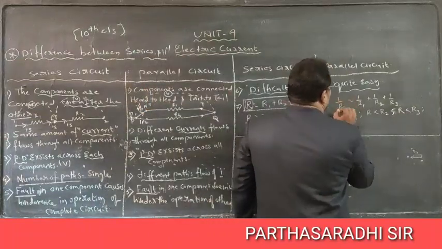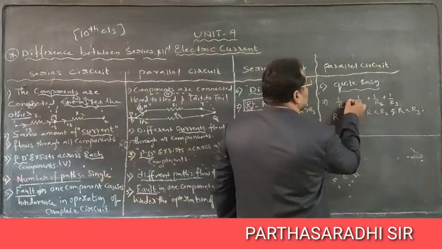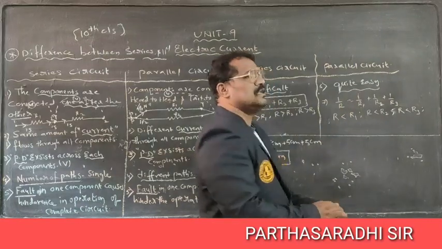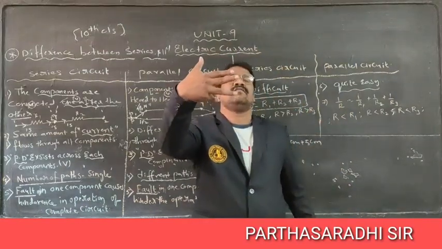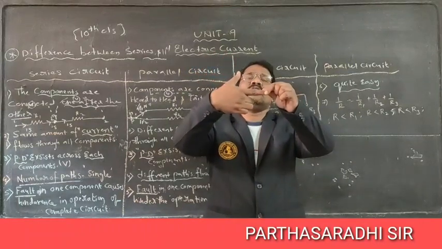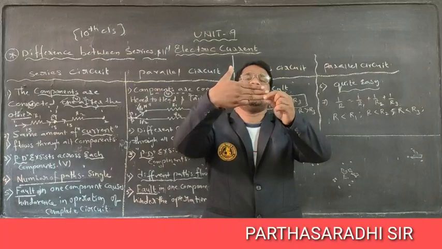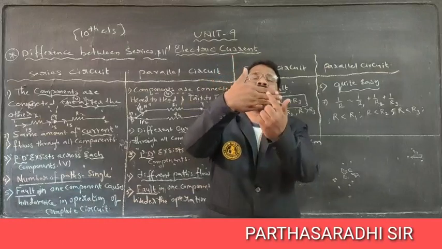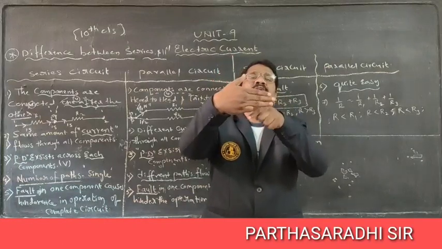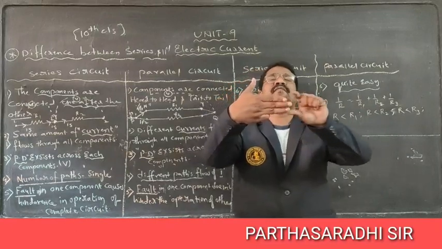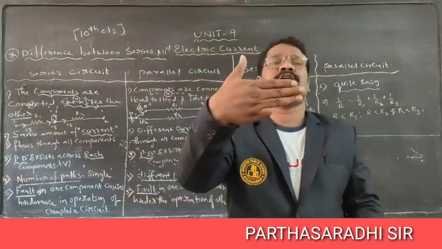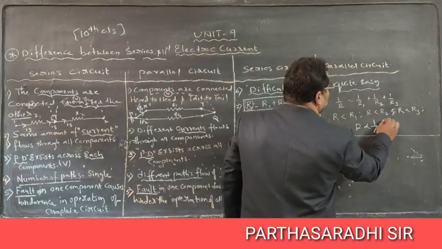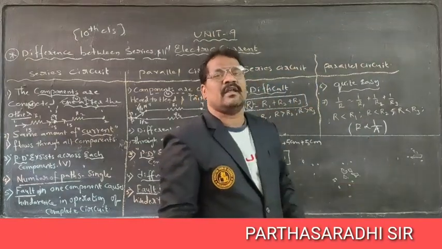When it comes to parallel, the equivalent resistance of the resistance wires is given by 1 by R is equal to 1 by R1 plus 1 by R2 plus 1 by R3. As I said, these are three wires connected in what? Parallel connection, individual wire, individual wire, individual wire. When I connect these three wires in parallel and place them together, the width of the wire gradually increases. As the width increases, free flow of charges takes place in the metal. Why? Resistance is inversely proportional to area of cross section.